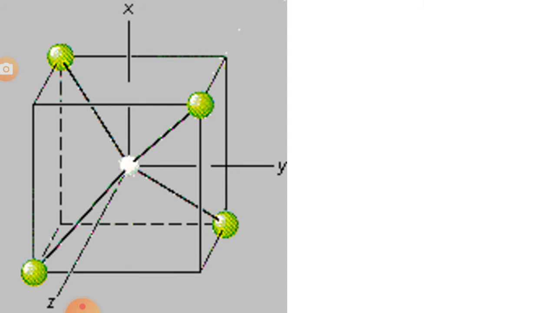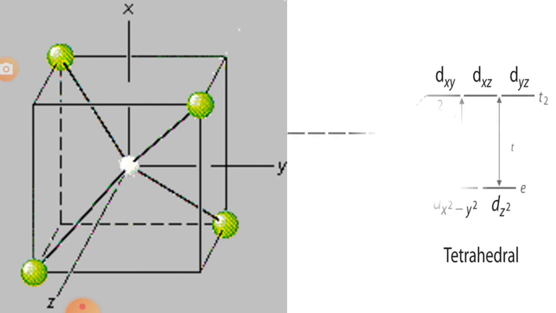The splitting of the 5 degenerate d orbitals in a tetrahedral field can be considered in 2 stages as in octahedral complex. In the first stage, the energy of the d orbital is increased. Now in this picture we can see there are 5 d orbitals which are in a degenerate state.